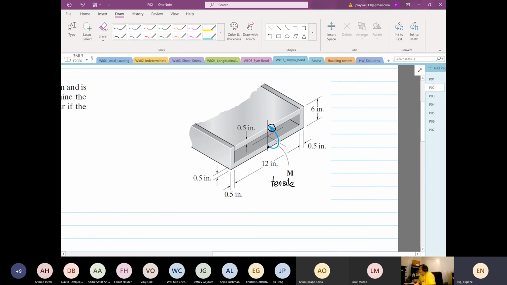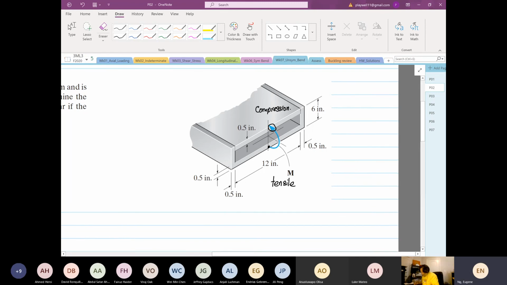The head end of the arrow, at the top, will be under compression. So depending on the location of the centroid, a certain region is in compression and a certain region is under tension. This is one thing that I hope you all will embrace and recall.